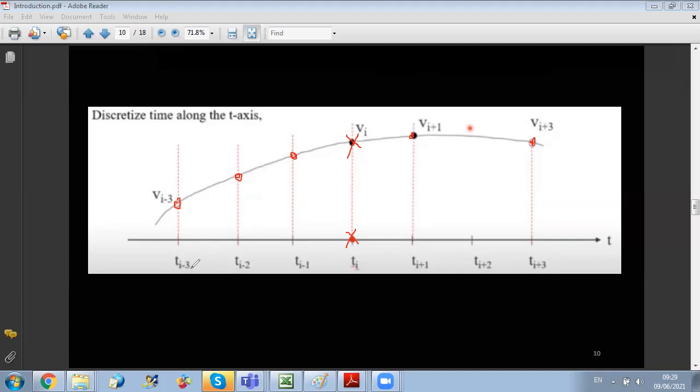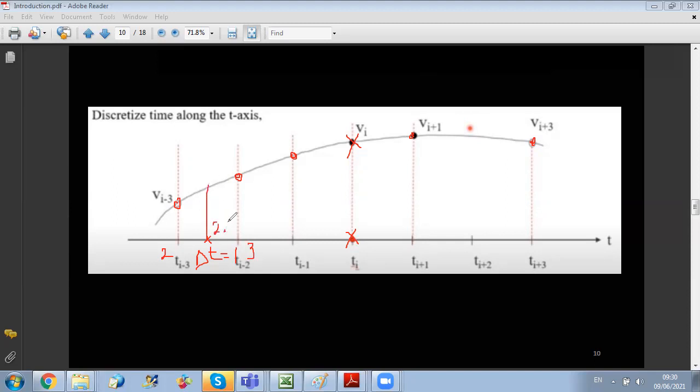So let's say you use delta t equal 1, for example. And let's say you are interested in knowing what the value will be in between. So let's say this is, for example, 2 seconds, and this is 3. You are interested to know what is the velocity at 2.5.